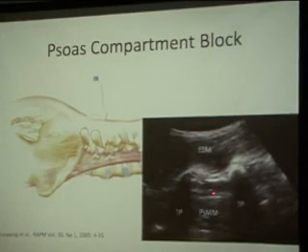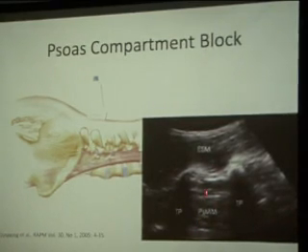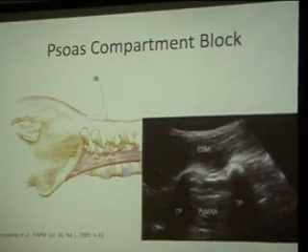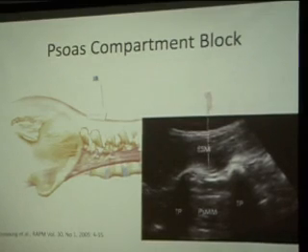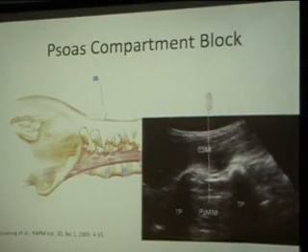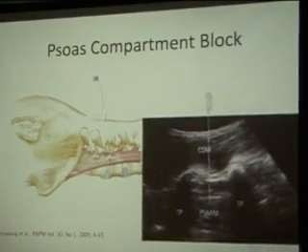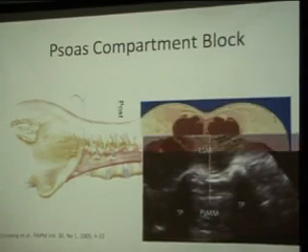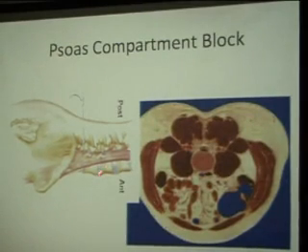In between the transverse processes, you'll see the psoas muscle, and it is in this muscle that the lumbar plexus is getting formed. If you drop a needle right into that space, you should be able to elicit a response. Usually you're looking for a quadriceps response, and when you inject your local anesthetic, you should get a psoas compartment block.